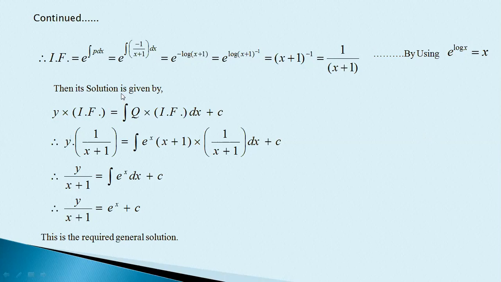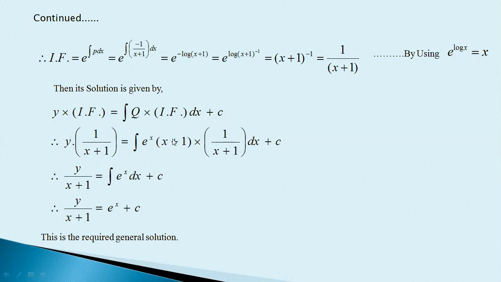Then its solution is given by, that is y into integrating factor is equal to integration of q into integrating factor dx plus c. Here just substitute the value of integrating factor and the value of q. We get here y into integrating factor 1 upon x plus 1 is equal to integration of the value of q, that is e raised to x into x plus 1, and the value of integrating factor 1 upon x plus 1 dx plus c.